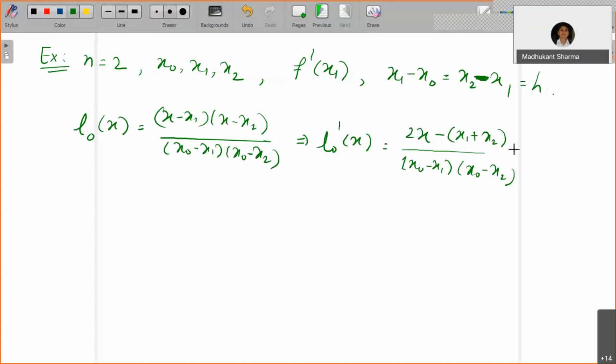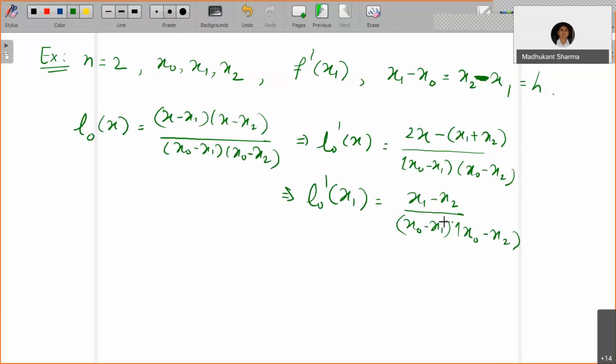We wish to evaluate L0 dash at x1, so that is 2x1 minus x1 minus x2, which is x1 minus x2, divided by x0 minus x1 times x0 minus x2.